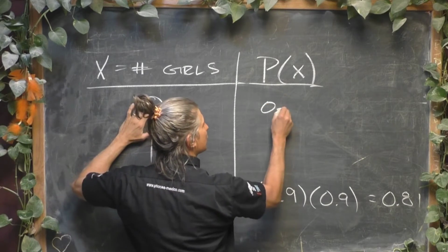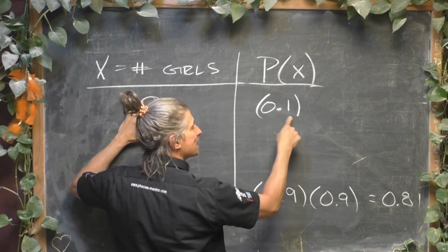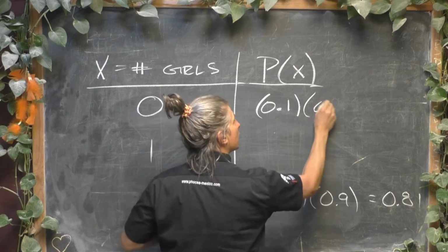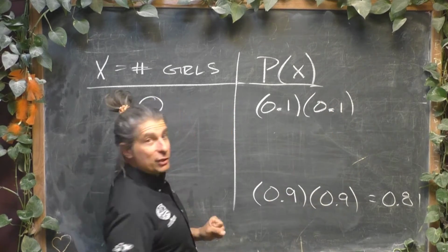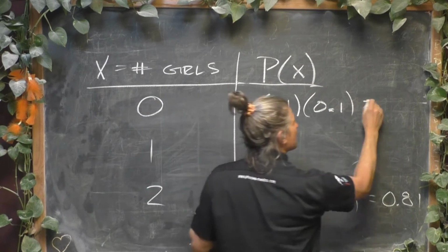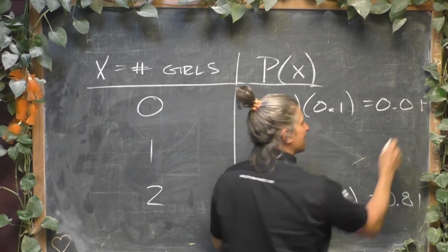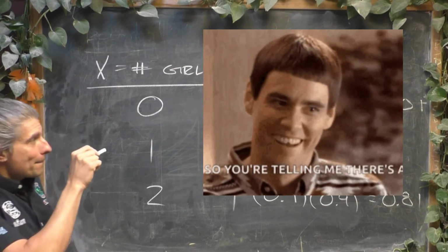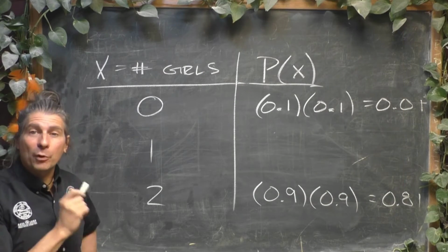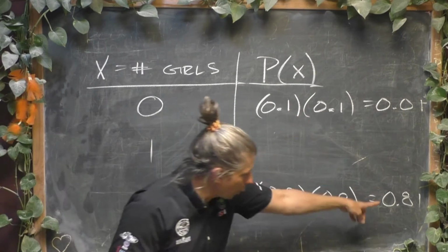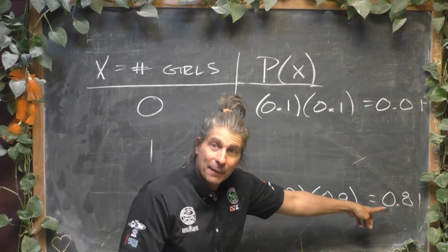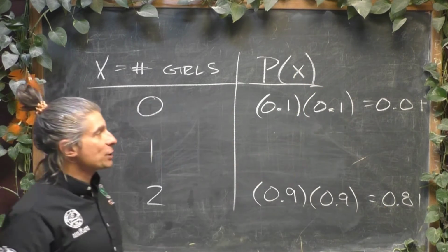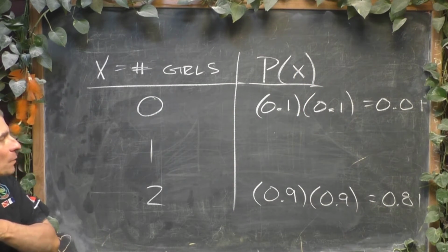Because if Nancy were actually a rooster, there's only a 10% chance of that happening. And then if Marge is also a rooster, there's a 10% chance of that happening. Which means there's only a 1% chance. There's definitely a chance, but it's a small chance that they're both boys. So there's an 81% chance that they're both girls, and there's a 1% chance that they're both boys.